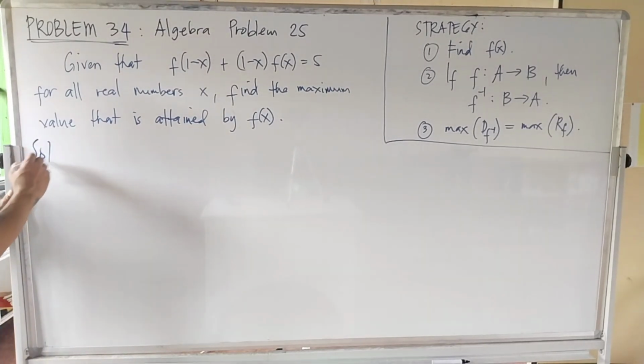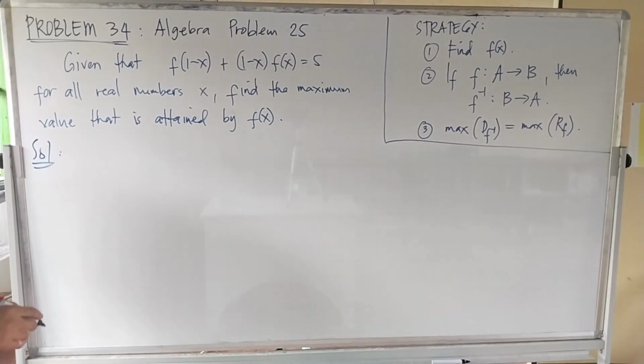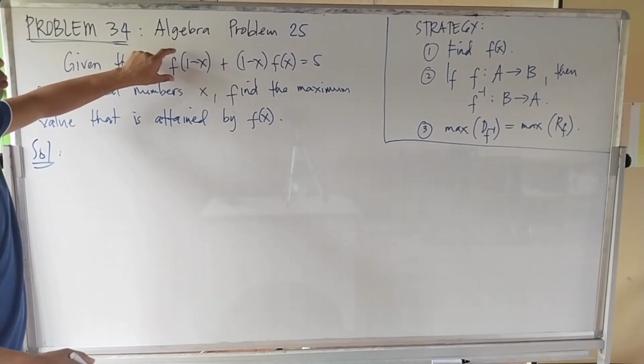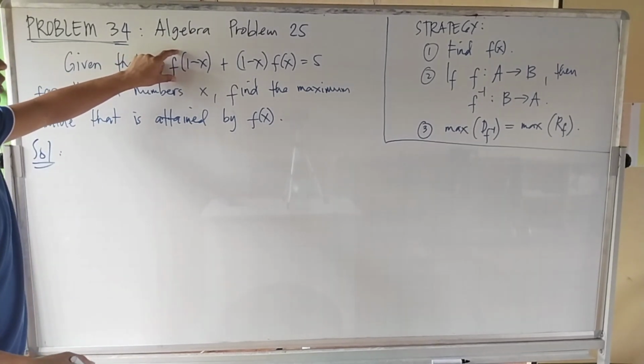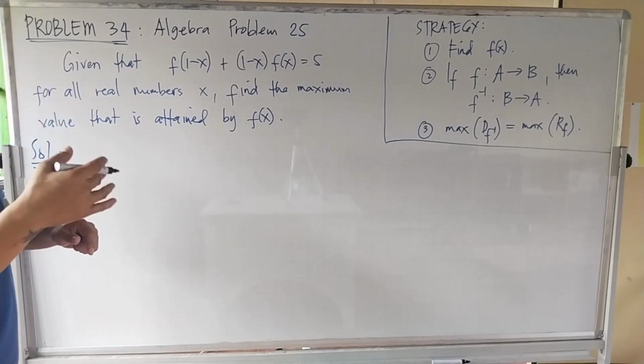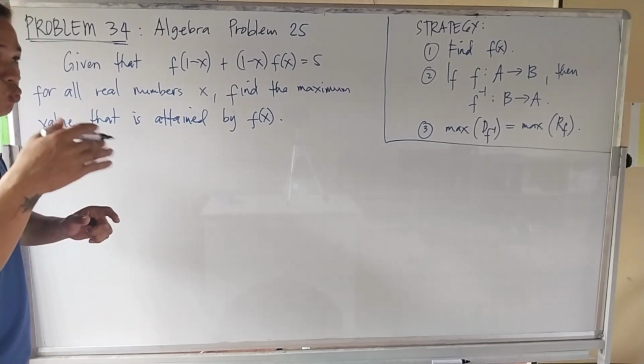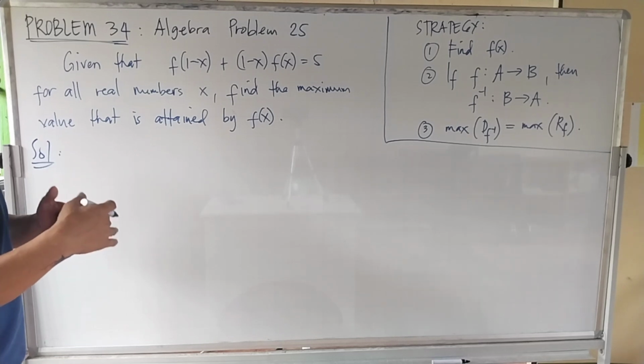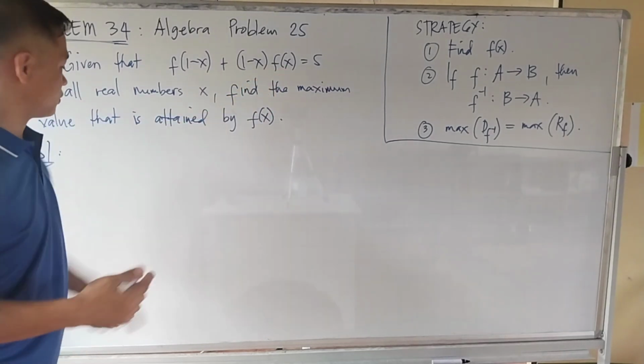For our solution, we're going to use the recursive function that is being defined, and we're going to assume that this is the first recursive function. And we're going to find the second recursive function, and after that, we're going to solve the given recursive functions simultaneously for f of x.